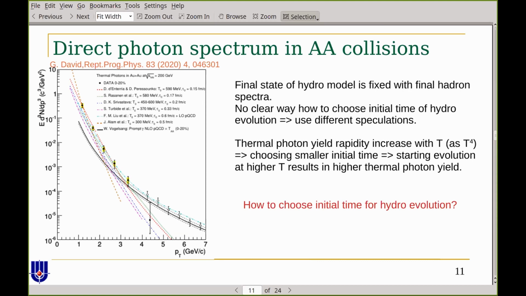So this is a big question for all hydro calculations: how to choose the initial starting time of the evolution and how to fix it.